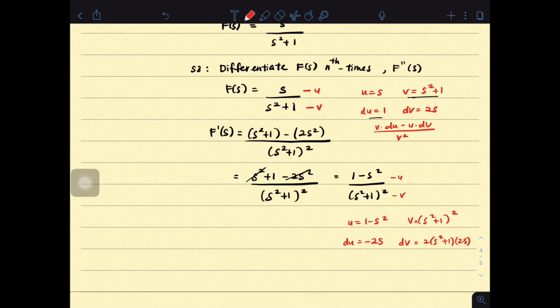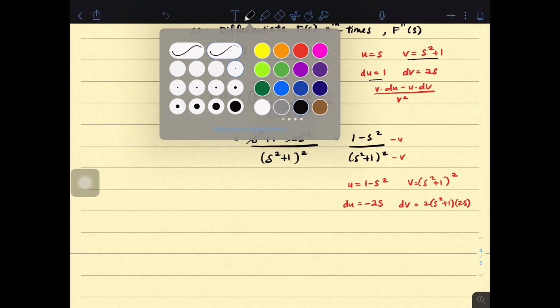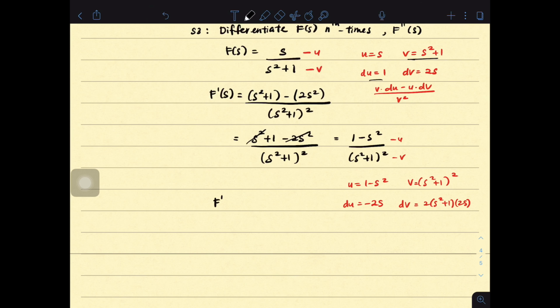Okay, so now let's use the formula of the quotient rule to find the second derivative of f(s). So v times du, we have negative 2s times (s squared plus 1) to the power of 2, minus u times dv. Let me write it again because we don't have enough space here.